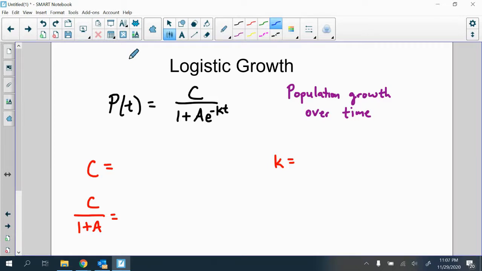The reason why we use logistic models for population growth over time is that exponential models work very well in the short run, but they tend to not make much sense in the long run because population models tend to have some sort of restrictions, like how much land mass there is or how many resources there are to sustain things.